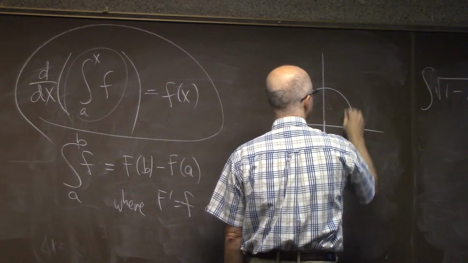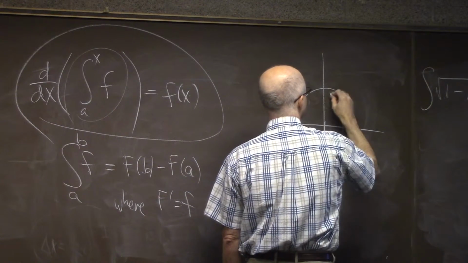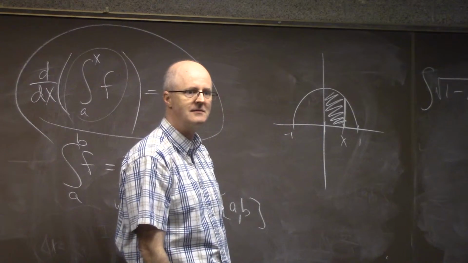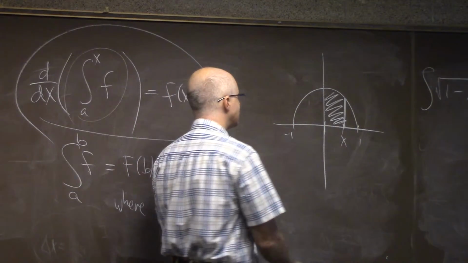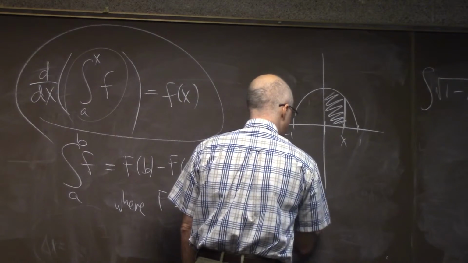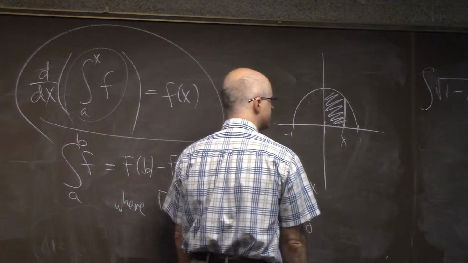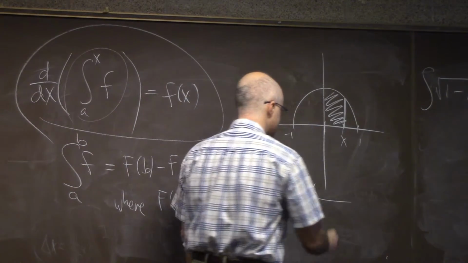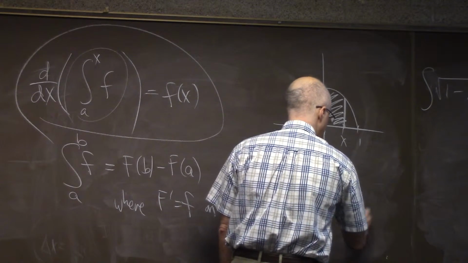Consider the area under this curve from 0 to x. Symbolically, that area is going to be the integral from 0 to x of this function. Use some letter besides x for the variable of integration, like t.